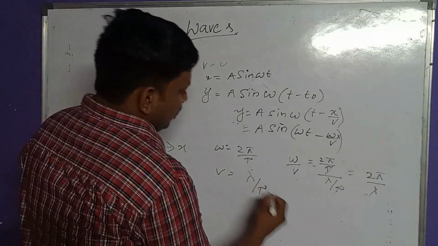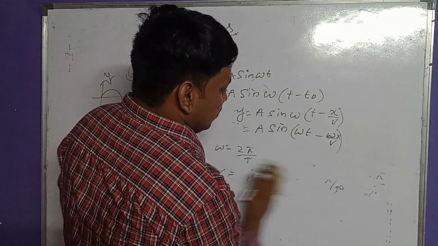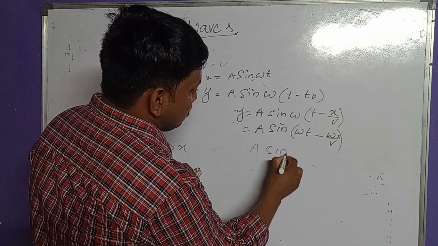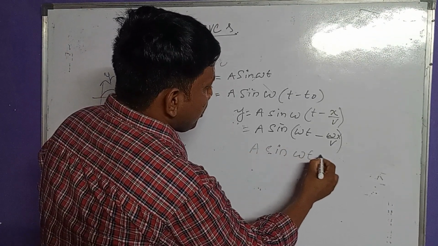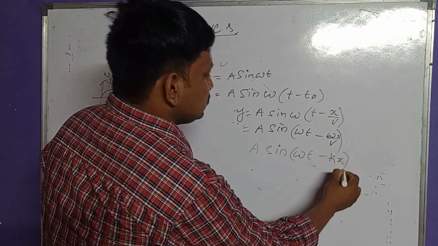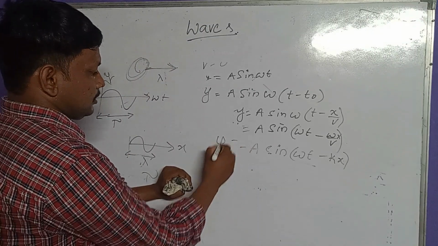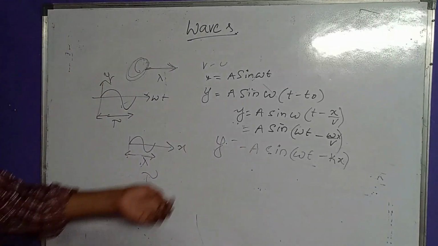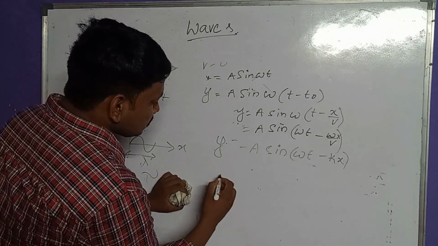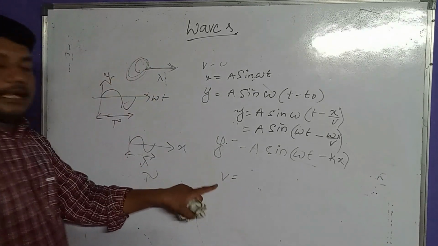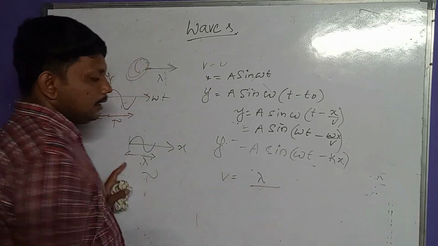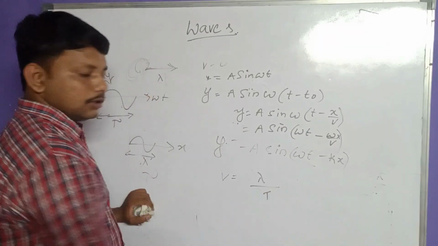So here we can write a sin omega t minus kx. This is our wave equation. Here observe, velocity is equal to distance lambda by time period tau.